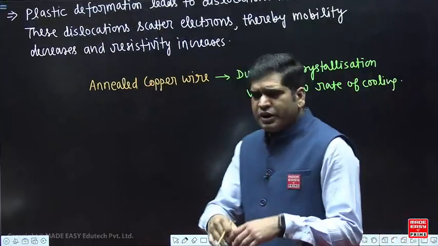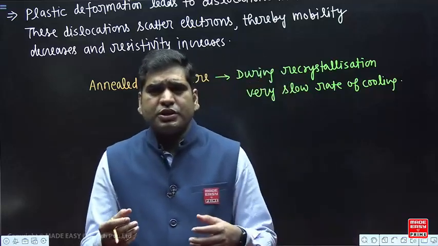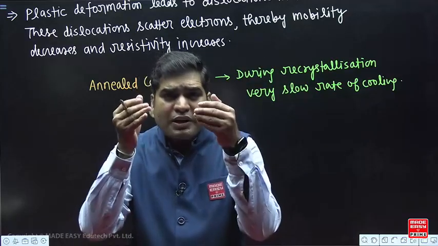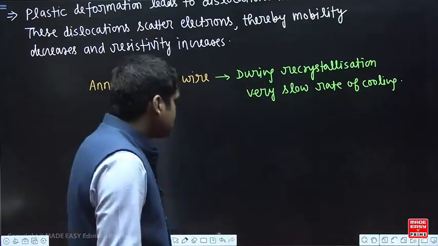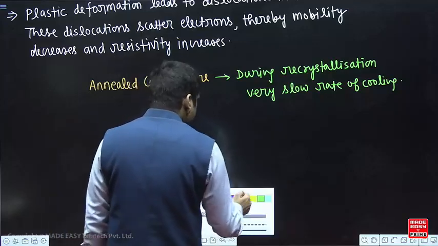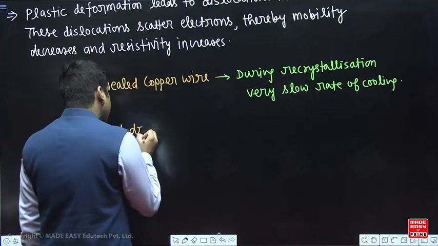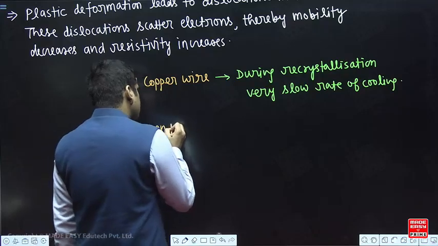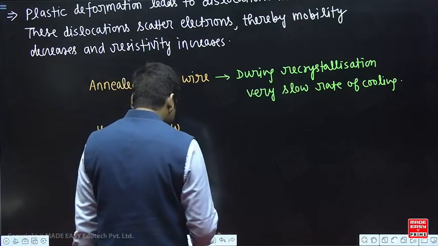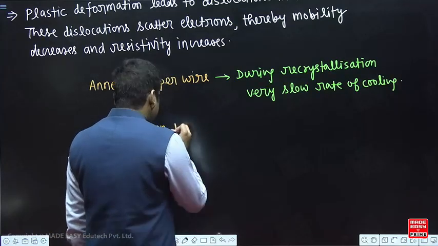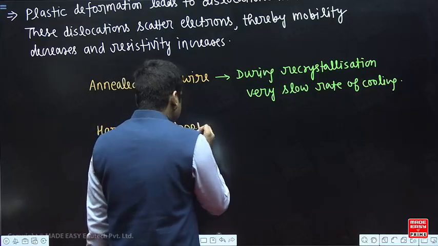Another, we take the material at high temperature, we do the process, and then we rapidly cool. So such wire where we are doing rapid cooling is known as hard drawn copper wire.